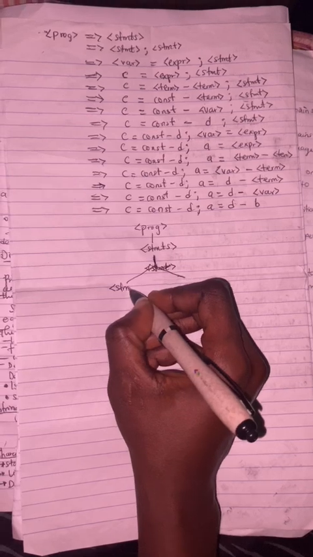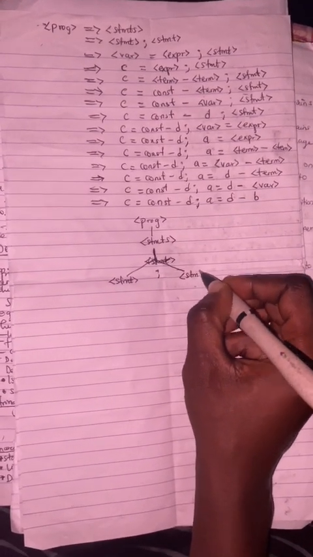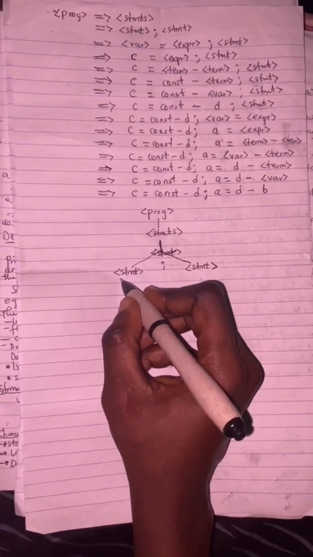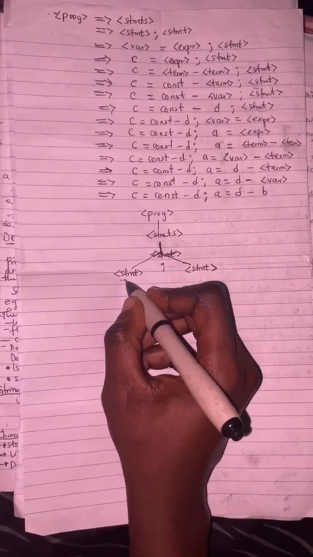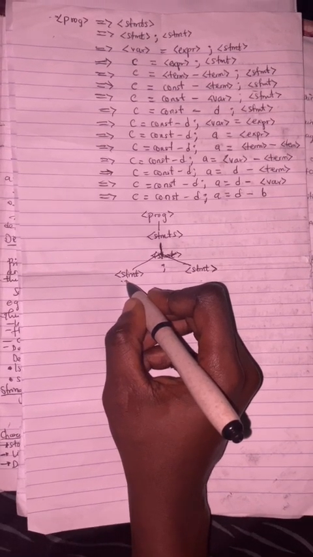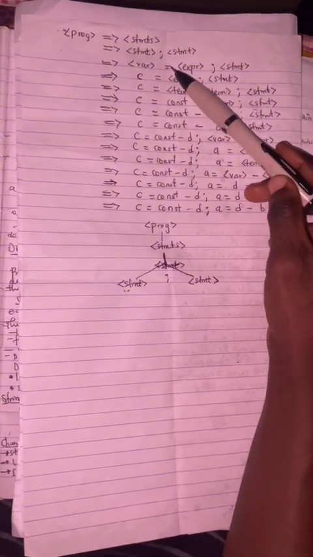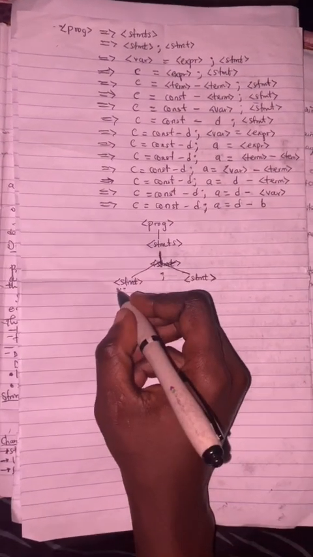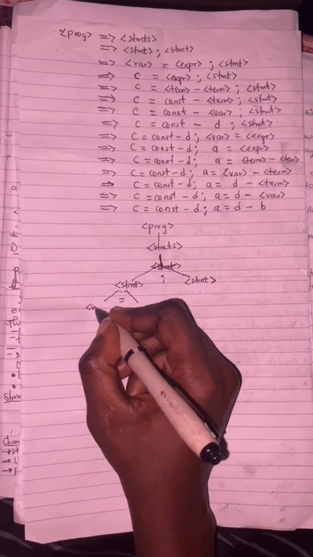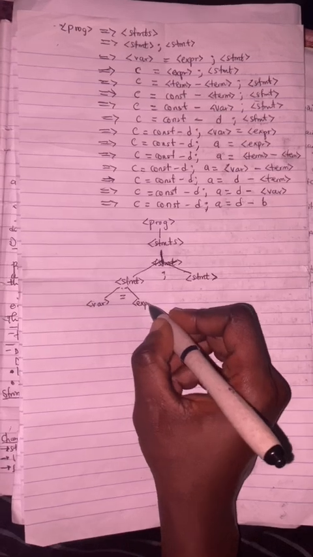We have statements. In the middle here we have semicolon, then we have statements. Right? So now on this part of the statement, we had what? Expression equal to, this is where we are. var equal to expression. So here too is also expanded again, and equal to is in the middle. We have var, we have expression here.